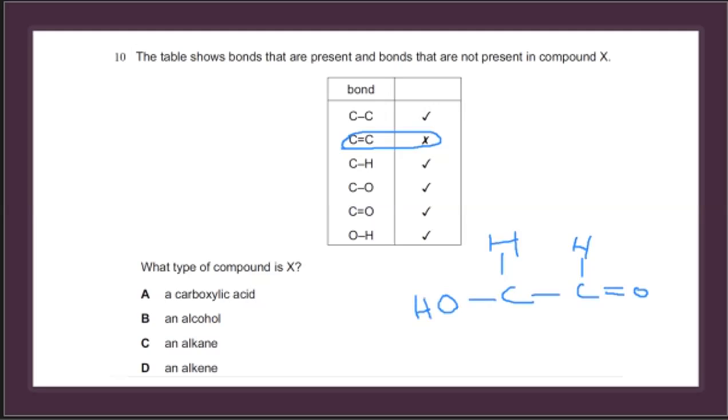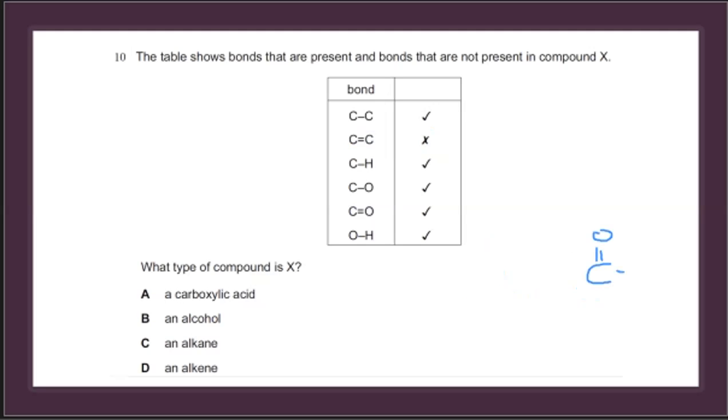so they ask you now, what type of compound is compound X? So most likely if I have a carbon-oxygen bond and I have an oxygen-hydrogen bond, it means I have that functional group which takes care of these two bonds here, and I have a carbon-oxygen bond that's there as well, so that's taken care of.